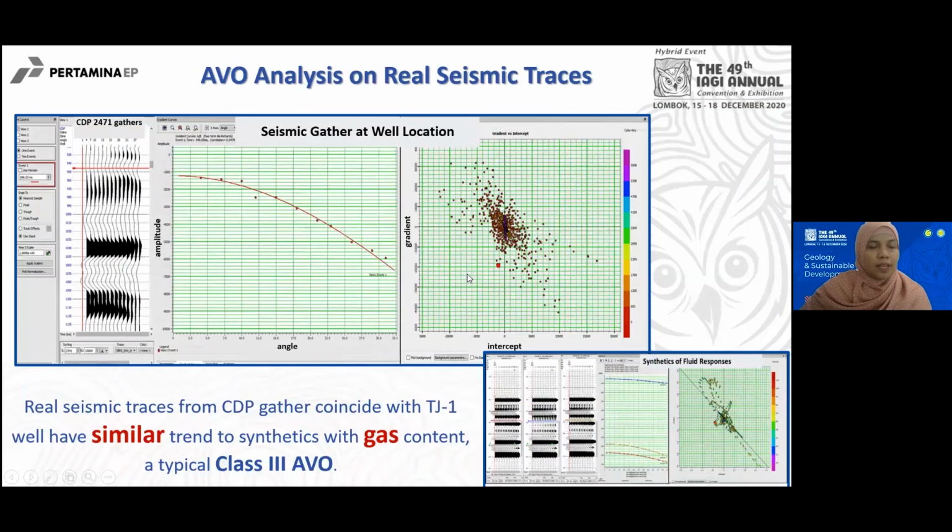So this is the analysis of the real seismic traces, which coincides with the well location here. We have picked the event, and we also have here a negative amplitude in the intercept, and it is getting negatively higher and higher with the increasing offset.